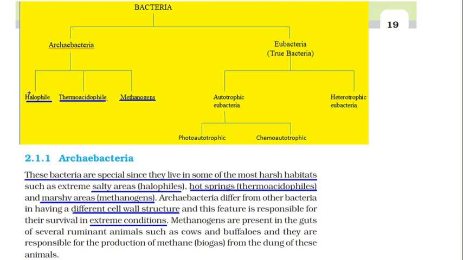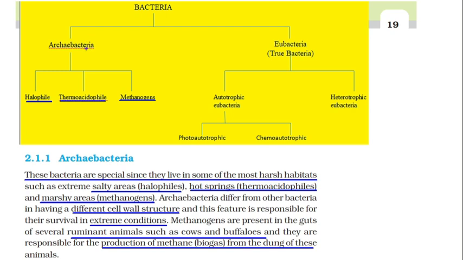So halophiles are present in salty areas. Thermoacidophiles are present in hot springs. We also have methanogens which are present in marshy areas. And methanogens are also the category of archaebacteria which are present in ruminant animals like cows and buffaloes. And they are responsible for the production of methane gas from the dung of these animals. So these are the broad categories of archaebacteria.